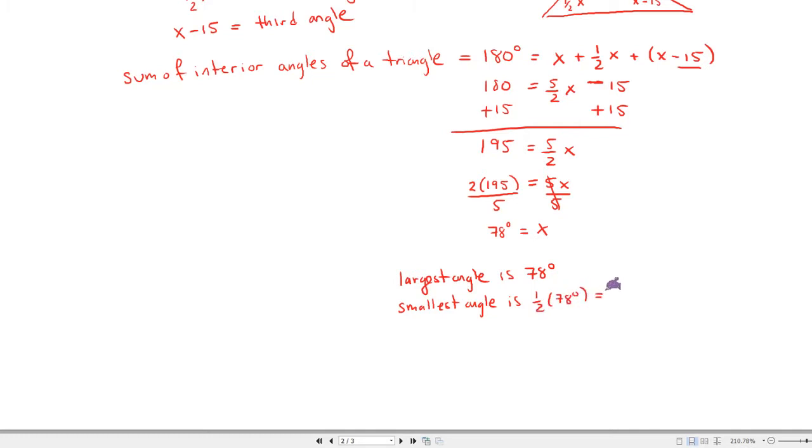Just simplify your answers. What would that be? 39 degrees. And then the third angle is going to be 78 degrees minus 15 degrees, so this is 63 degrees. And this will be our answer.